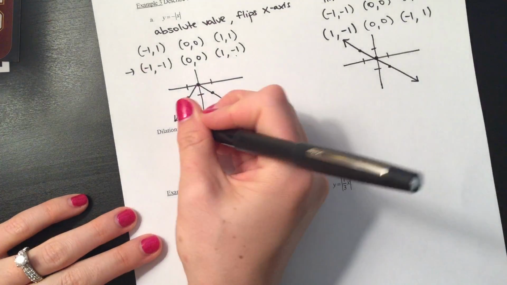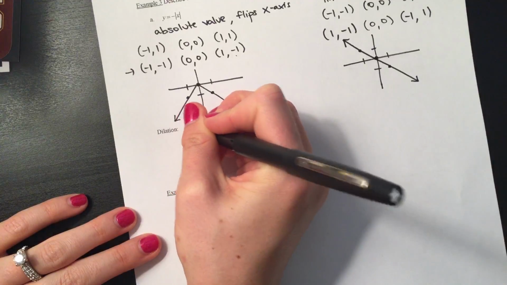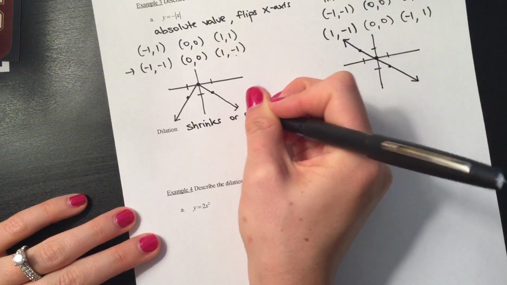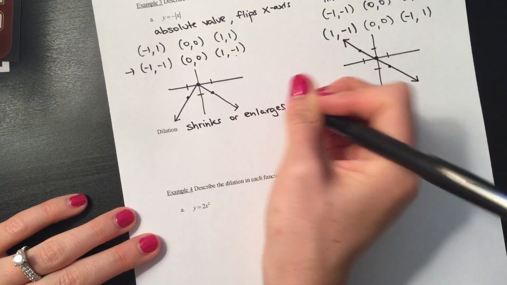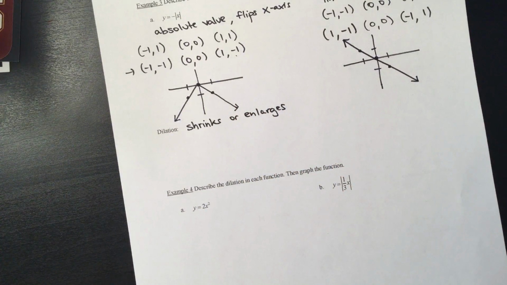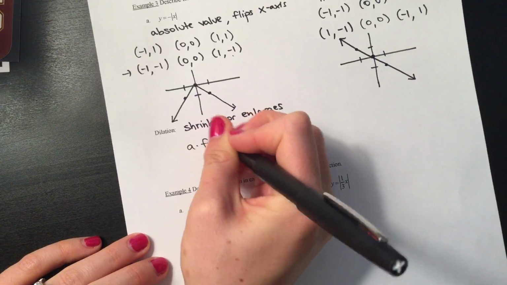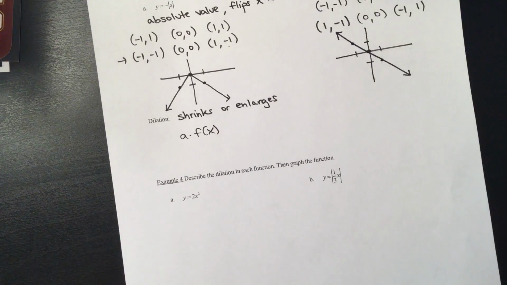Okay, so dilation either shrinks or enlarges, I guess we could say that. So it's either a stretch or a compression. Okay, so you've got a function a times f of x like that if you've got a number on the outside.